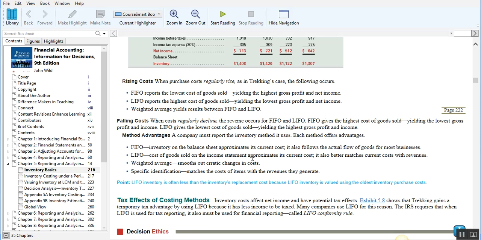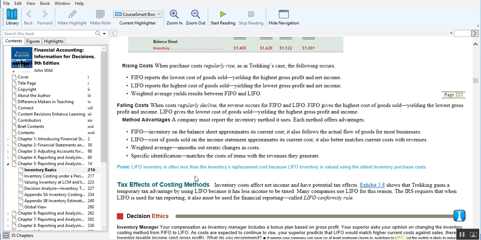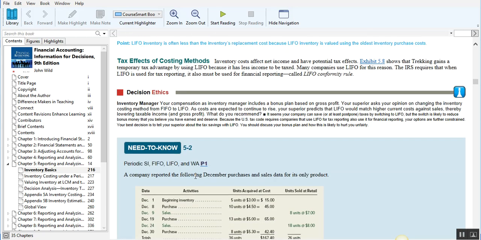But LIFO, instead of doing that, will show you a cost of goods sold that is approximately what the current costs are, and in terms of matching current costs with revenues, it will match current costs with revenues a little better. Weighted average will smooth out any erratic changes, so it's just like I said, a middle of the road. And then specific identification is going to be an exact approach.